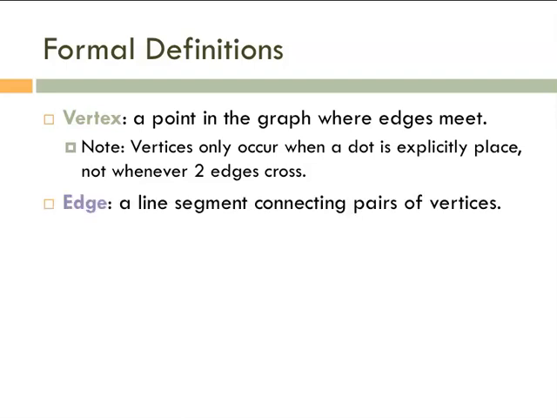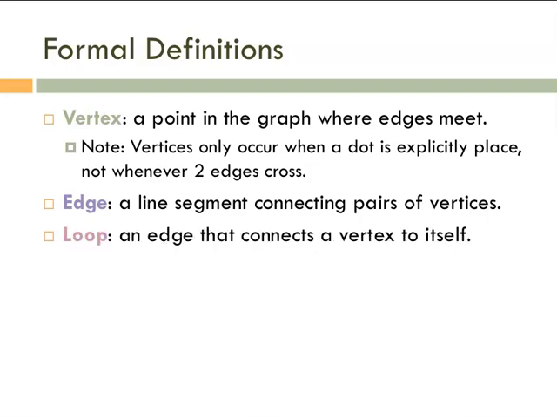All right, an edge is a line segment connecting pairs of vertices. And then a loop, which we haven't talked about yet, is an edge that connects a vertex to itself. So a loop is technically a type of edge, but in particular, it's when a vertex is connected to itself. Okay, so here's a picture.